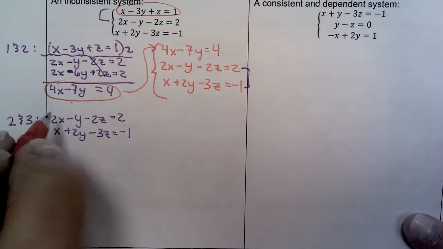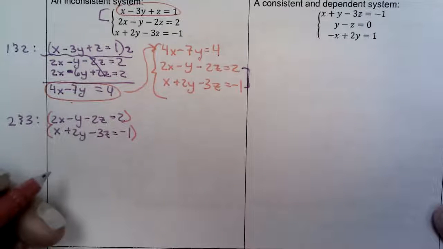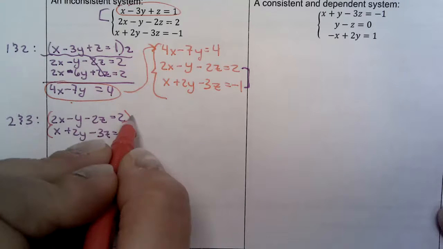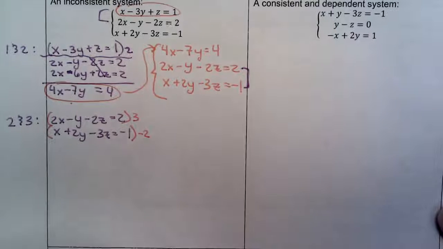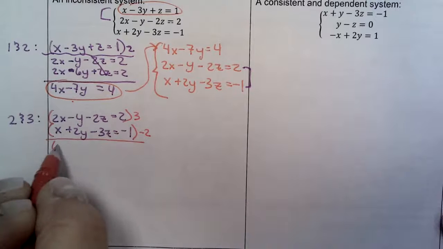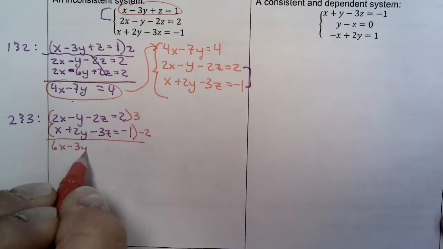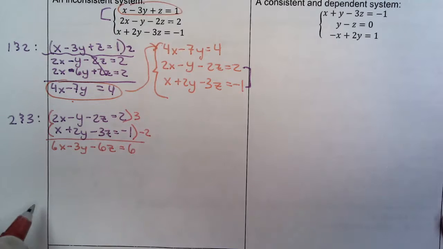So I'm going to go on ahead and get rid of the z. And in order to do that, I have to multiply this top one by 3, and the bottom one I'll multiply by a negative 2. Okay, so that's going to give me 6x minus 3y minus 6z equals 6.